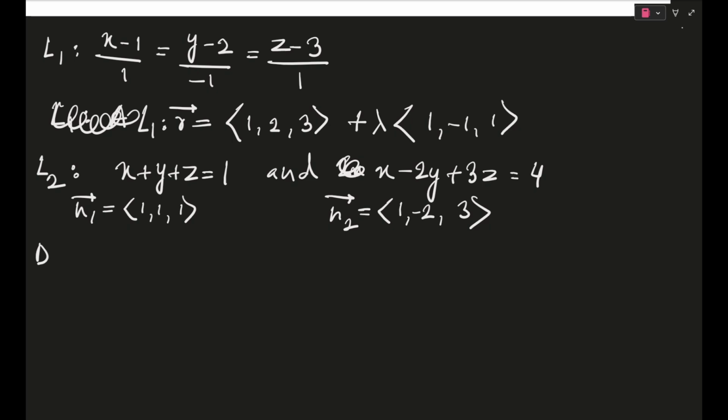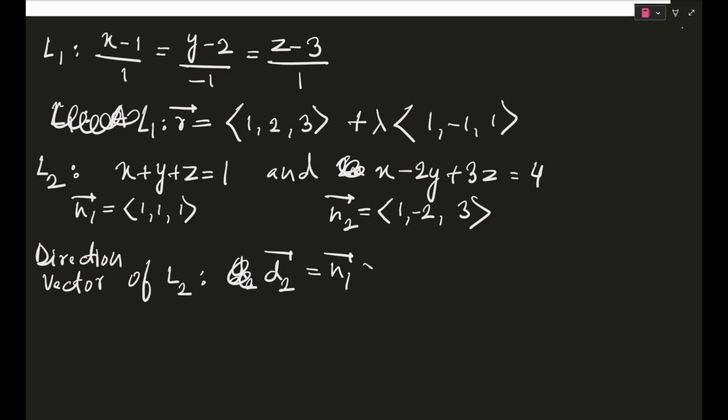So the direction vector of L2, which I take as D2, will be n1 cross n2. Basically it will be the determinant with i, j, k, then 1, 1, 1 and 1, minus 2, 3.